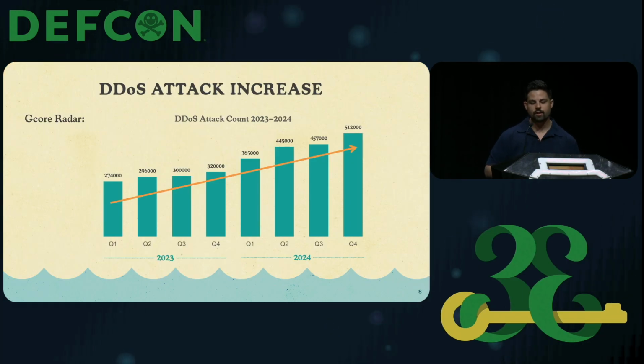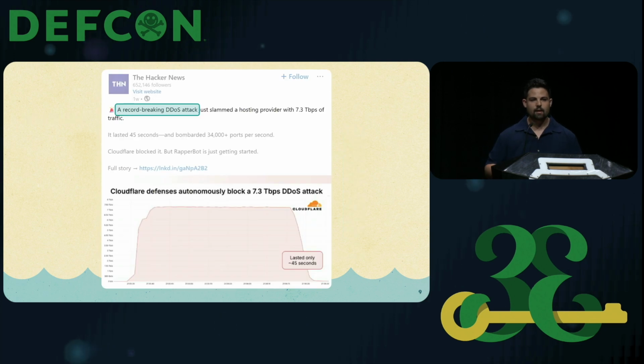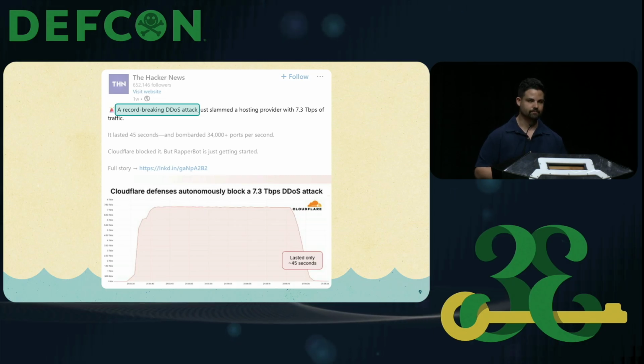So according to G-Core Radar, there was a 56% increase in DDoS attacks in the second half of 2024 compared to the second half of 2023, and the same comparison for the first half of the year was 46%. Recently, Cloudflare even reported the largest ever recorded DDoS attack with 7.3 terabits per second.